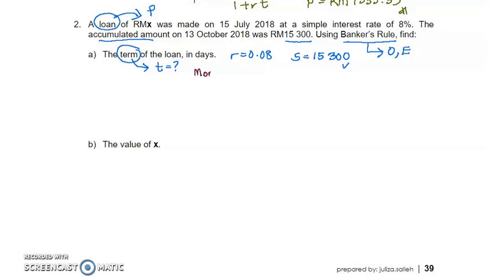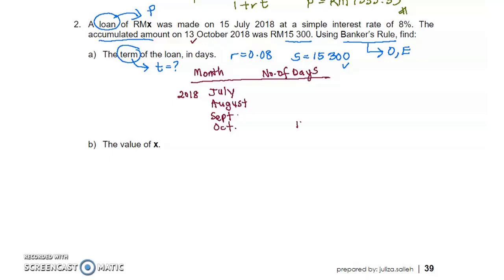The months start with July 2018, then August, September, and October. In October, the given date is 13, so we go up to 13 October.